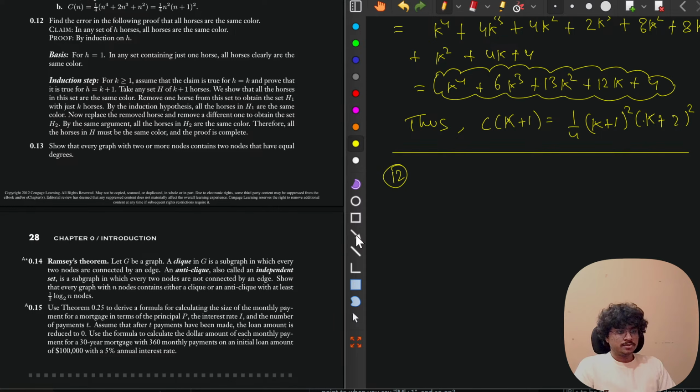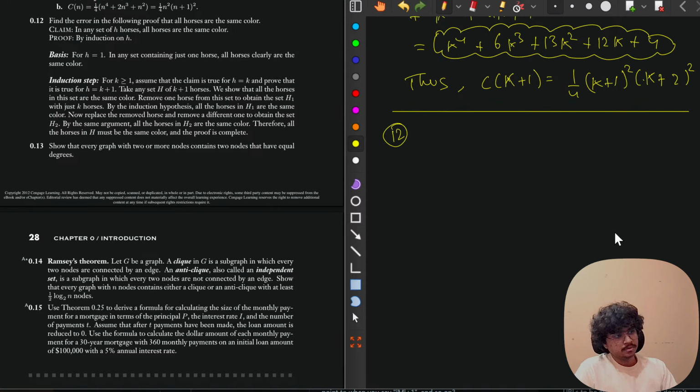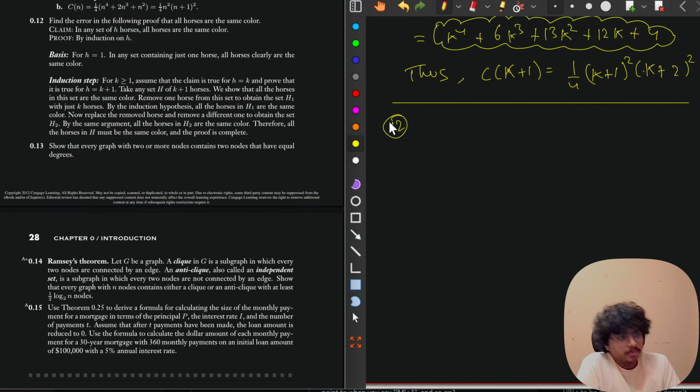Well, this question is interesting. For the basis we took just one horse, and as it is just one horse, it is the same color, so the basis is true.